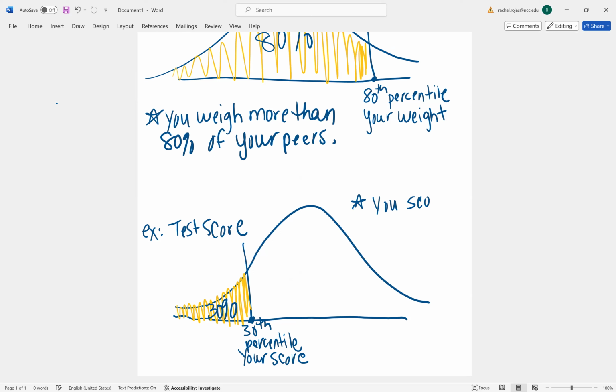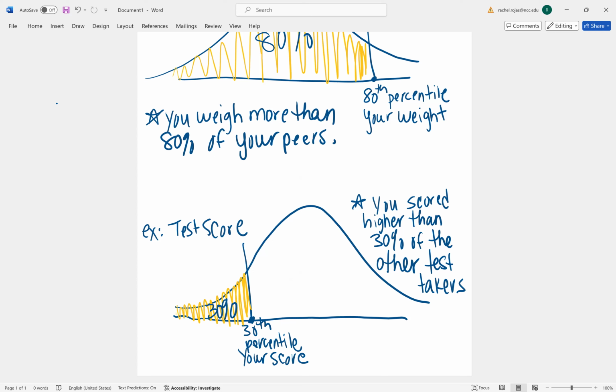So you scored higher than 30% of the other test takers. And you could also look at it from the other perspective, because remember, if I were to shade the entire area under the curve, it would add up to 100%.